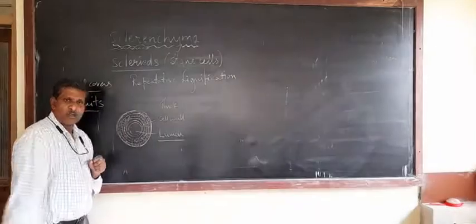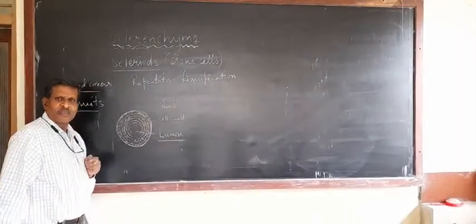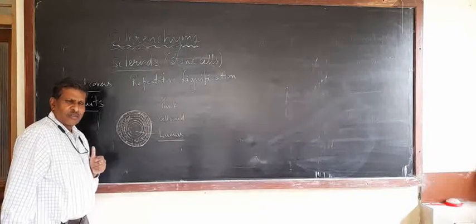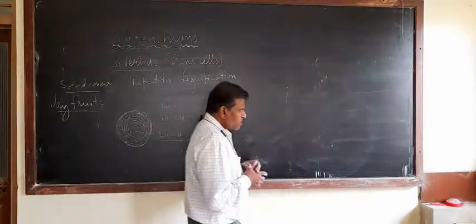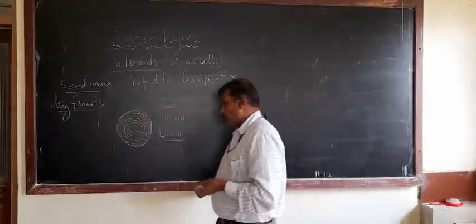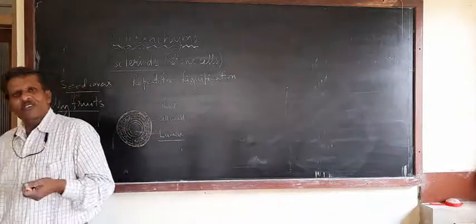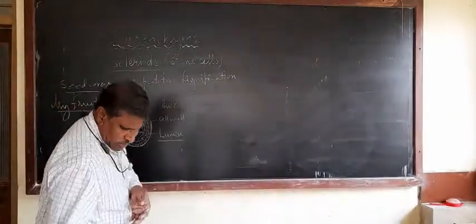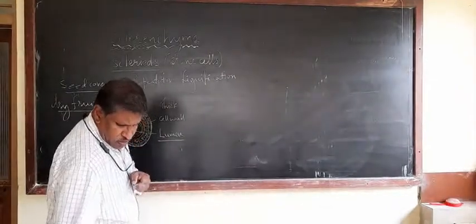Continuous deposition of the lignin. All the sclereids that are present in different plant species may not be of the same type. They differ in their shapes. Based on the shapes, the sclereids are categorized into different types.